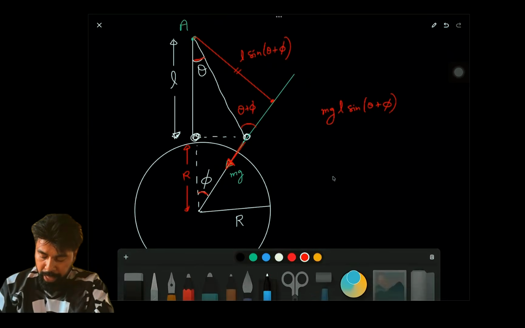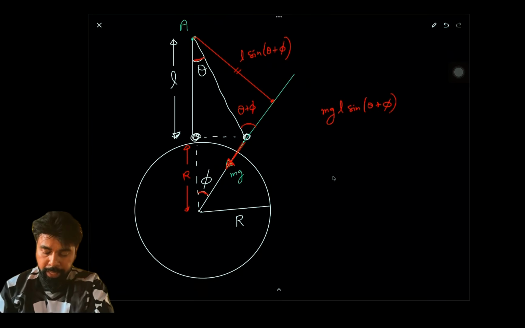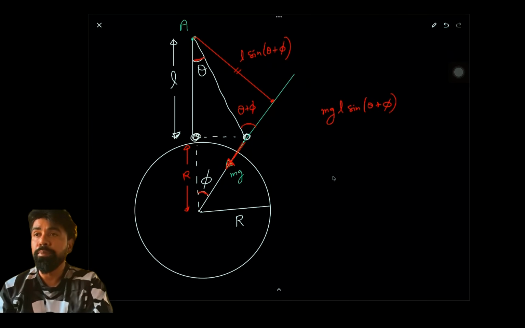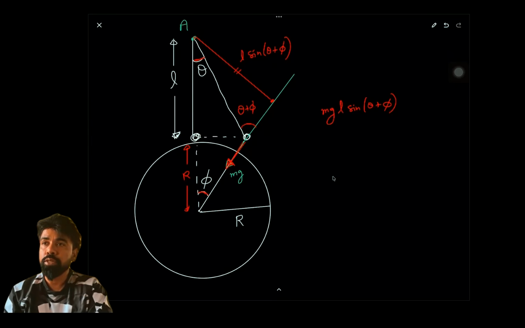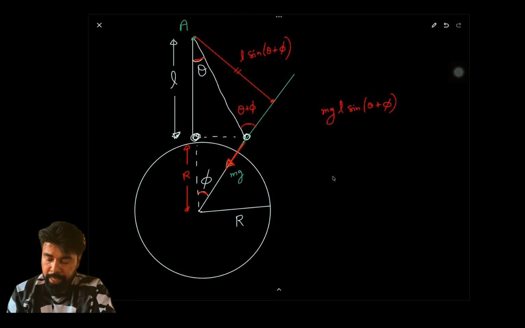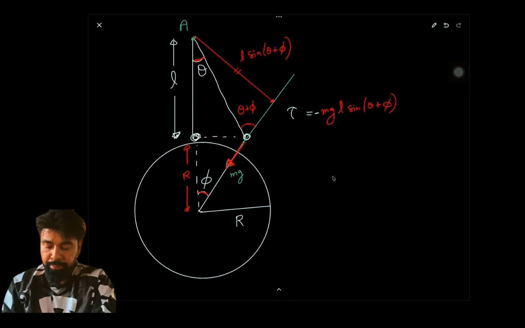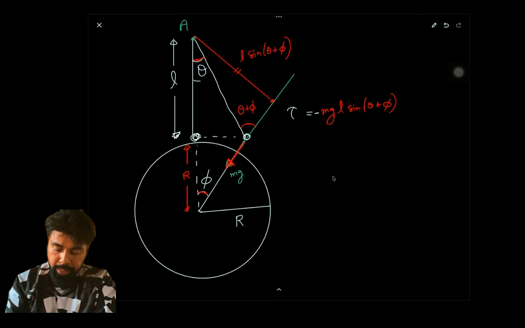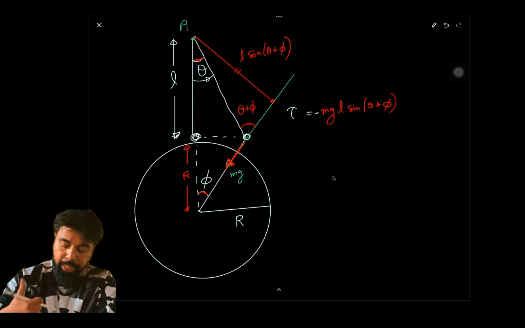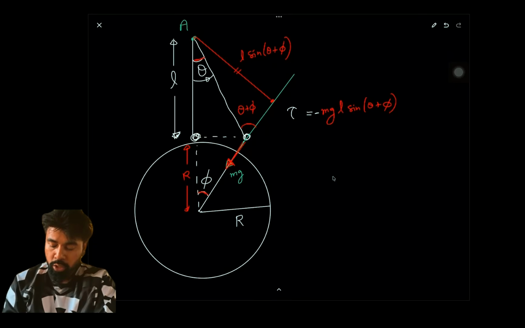Now because both the angles theta and phi for a simple pendulum will be very small, we can assume that these angles are extremely small, and the torque tau has a negative sign, because you can easily see this theta is in the anti-clockwise direction and the torque is in the clockwise direction.